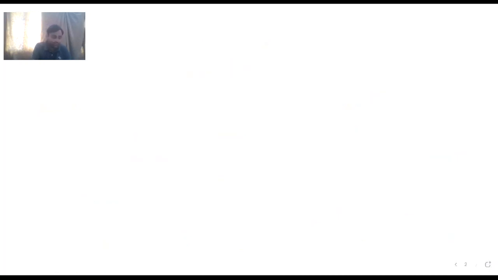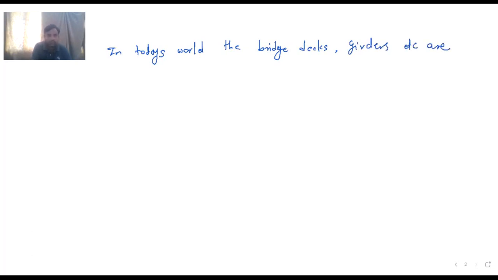In today's world, bridge decks, girders, etc., are prestressed concrete members.